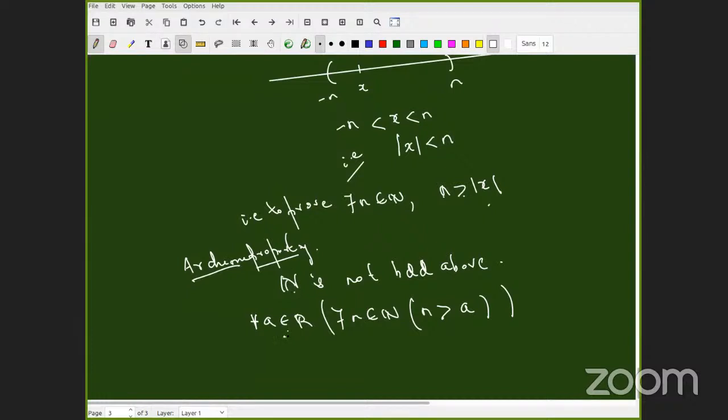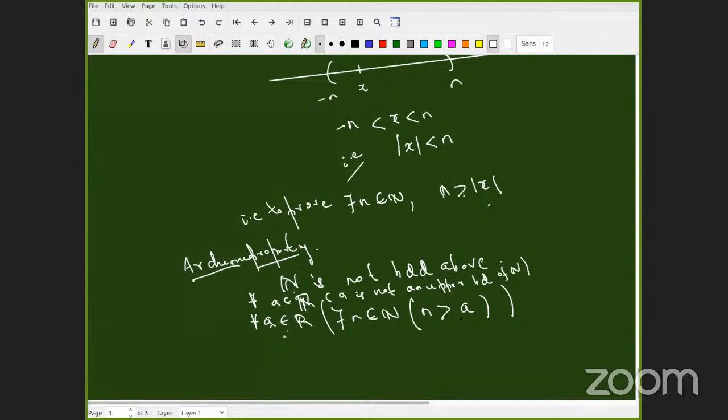What is the meaning? I have written here: given A in R, A is not an upper bound for it. Maybe go step by step. For every A in R, A is not an upper bound of N. By that, what do I mean? There is a natural number which is greater than A. These things we have done on the earlier day.